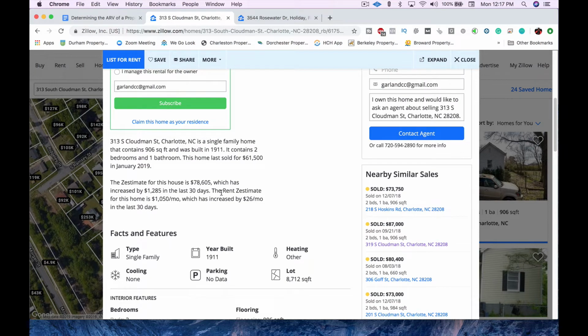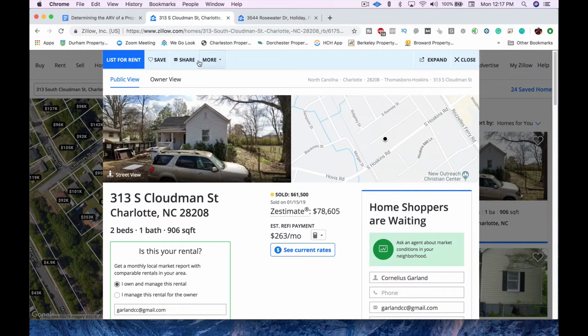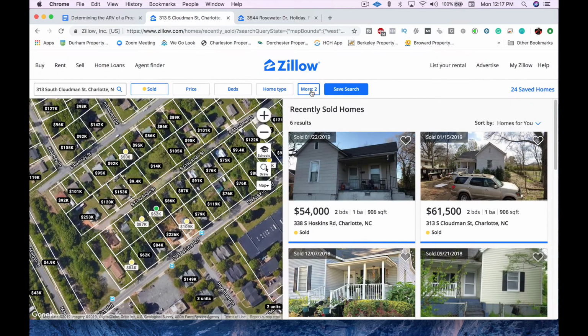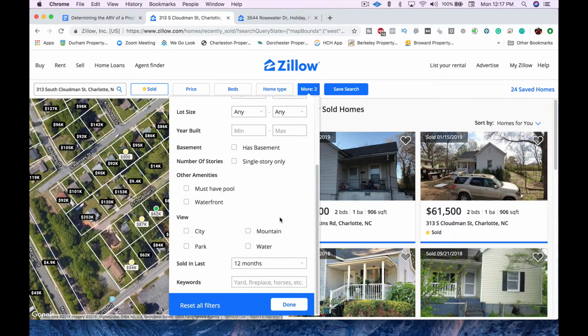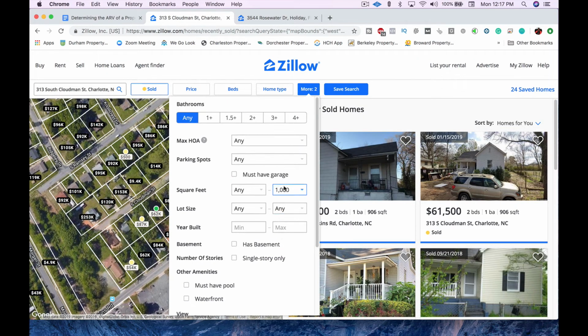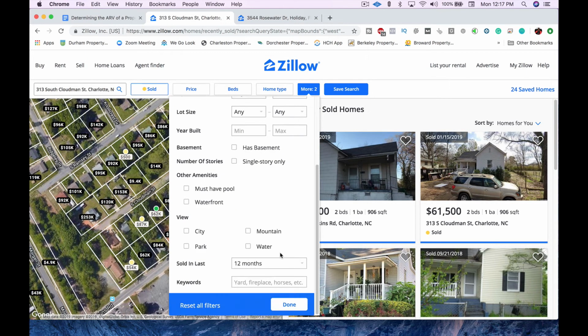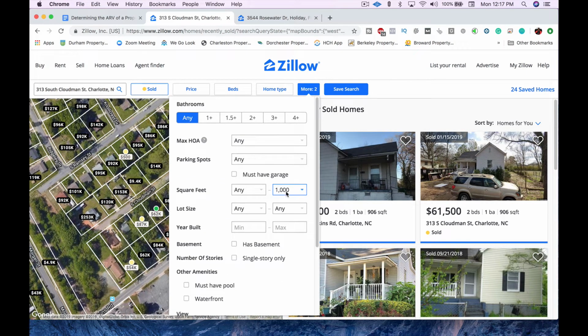So this house was built in 1911. What I'm going to do is just change the filter here to have 1960 as my upper limit. Because a renovator, he's going to look at any property in this sort of time frame as the same. He's not going to really discriminate in that regard. So I'm going to do the year built of 1960.